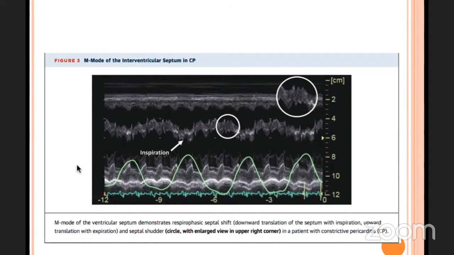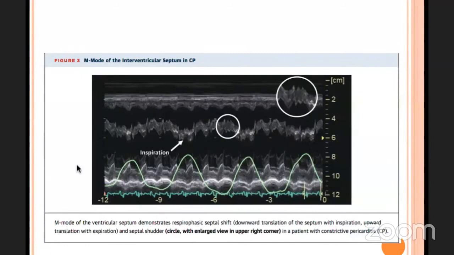This is basically because the interventricular septum is very compliant and is moving from one direction to the other. This respiratory movement of the interventricular septum, facilitating filling of one ventricle at the expense of the other, is almost a classical hallmark.